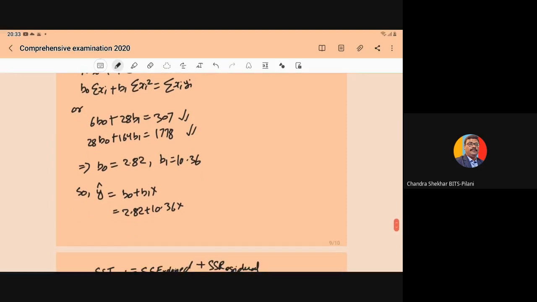So here the line of regression will become y cap is equal to b naught plus b1 into x, so 2.82 plus 10.36 into x. From here, for the given value of x we can predict what will be the elongation.